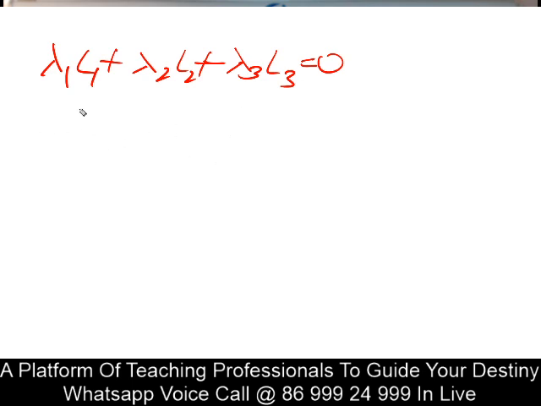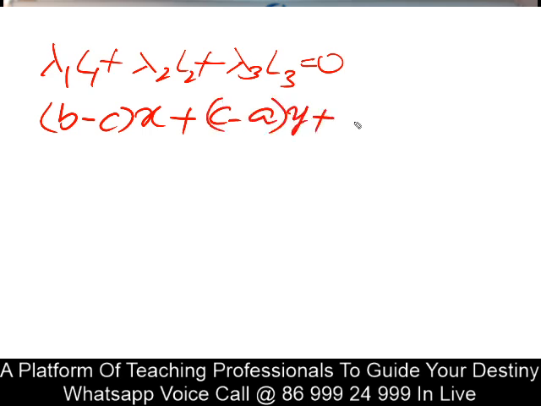So I'm giving you a question now. (B minus C) into X plus (C minus A) into Y plus (A minus B) equal to 0. Let me say this is L1.